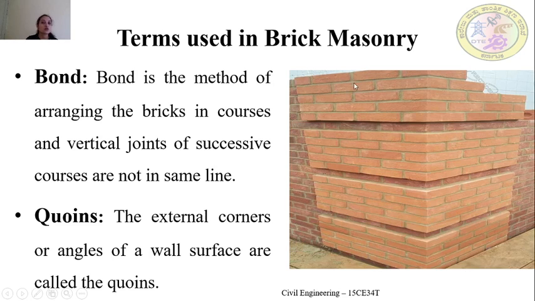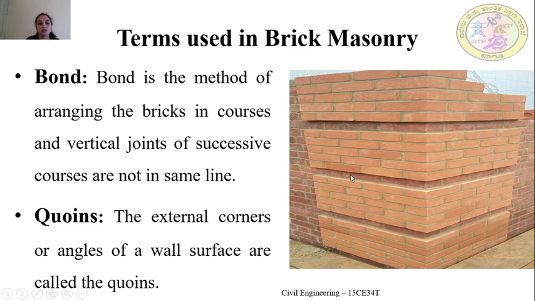The joints should not come one over the other. Is that clear? Bond is the method of arranging the bricks in courses in such a way that vertical joints do not come one over the other.